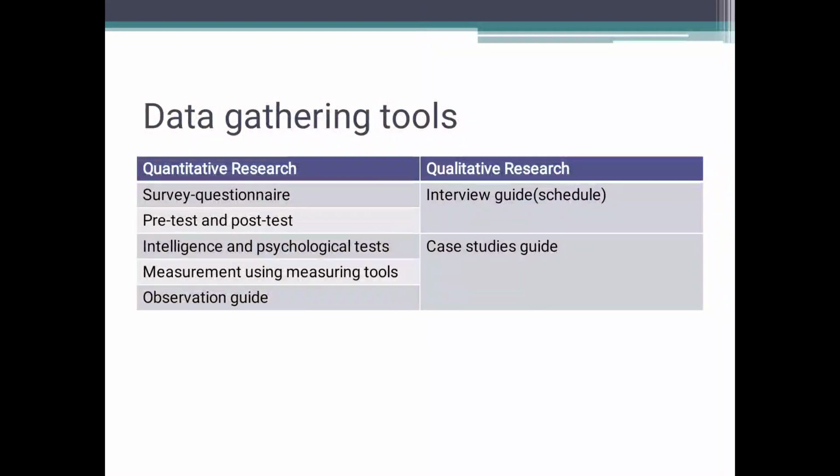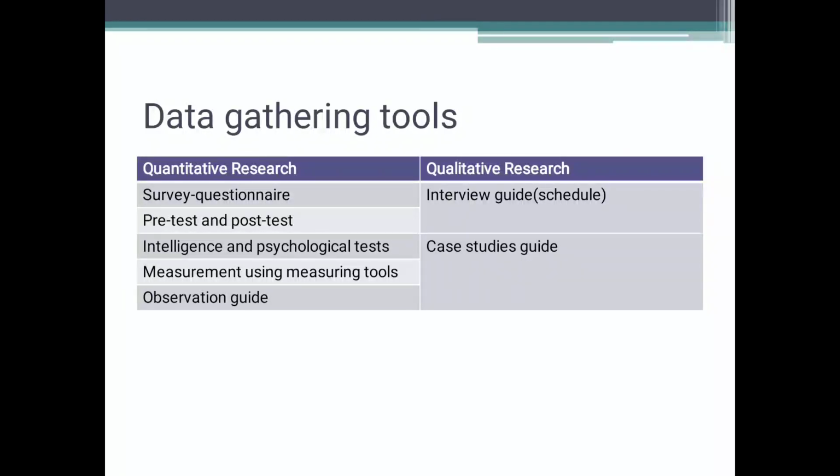Okay? So, ang data gathering tool natin, balikan natin to. Sa quantitative research, pag survey questionnaire, this is for descriptive. So, survey questionnaire ang tawag natin doon sa instrument. Pre-test, post-test for experimental. Intelligence and psychological test.